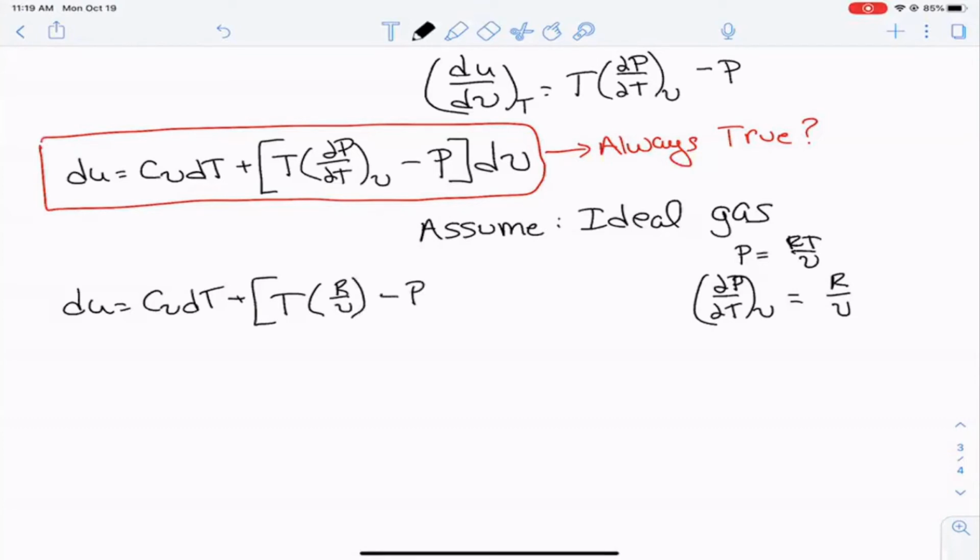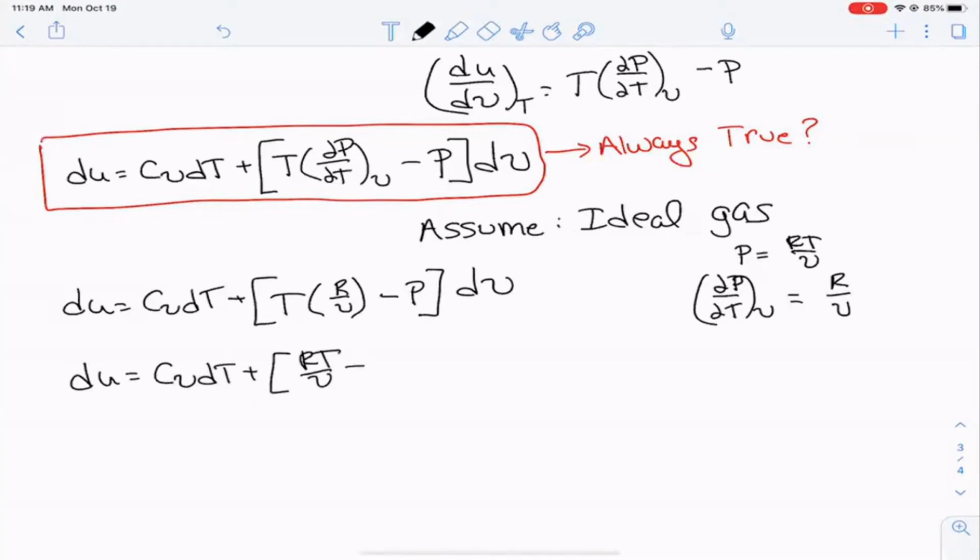minus P, dV. And this just becomes dU is equal to C_V dT plus (RT over V minus P) dV. But if you look over to the right, what is RT over V?